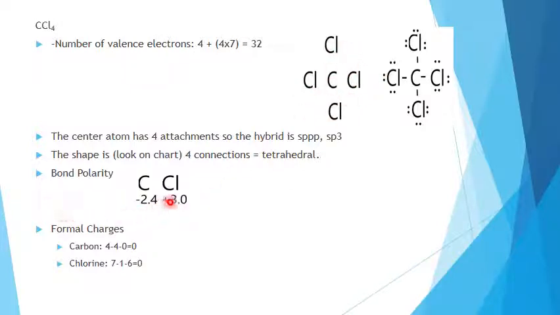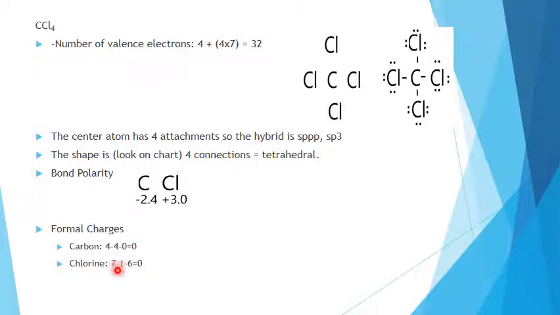So it's going to be 2.4, and the electrons are going to be pulled toward the chlorine by 0.6. For the formal charges, carbon is 4 valence electrons minus 4 bonds minus no lone pairs, 0.